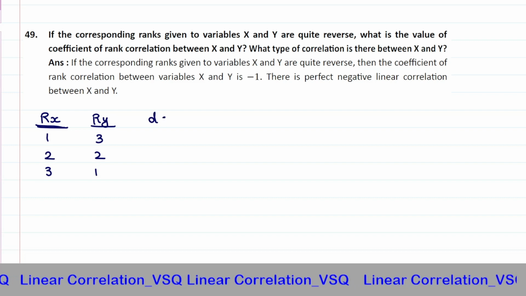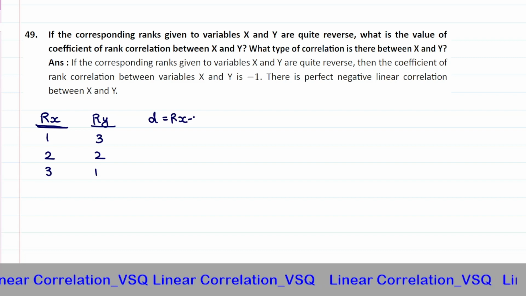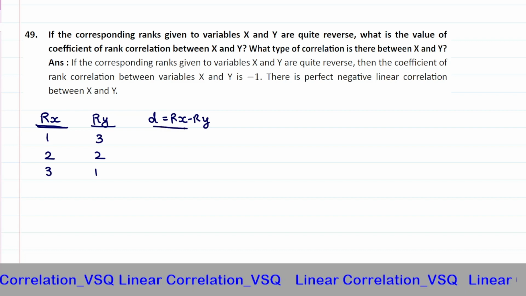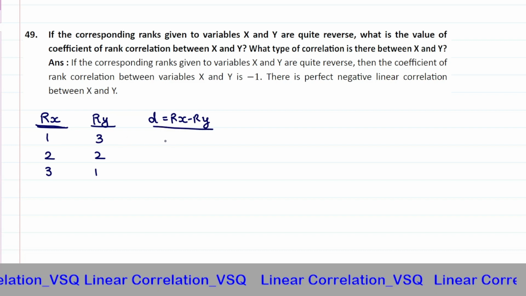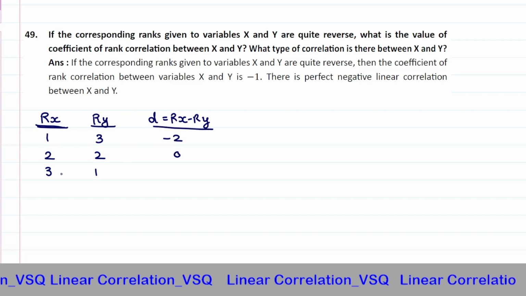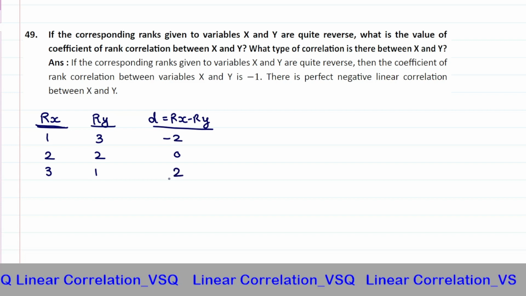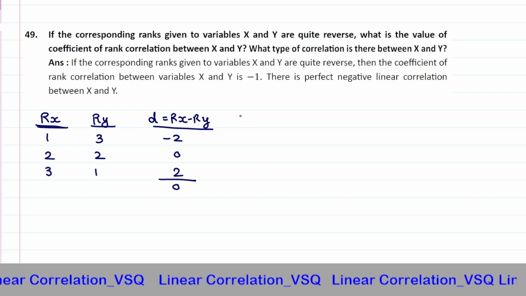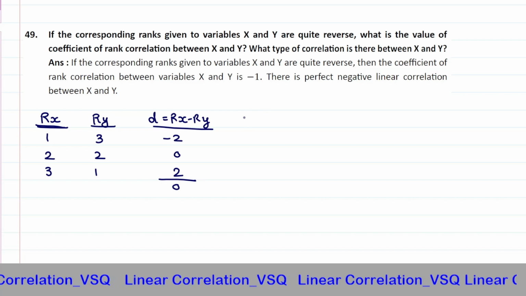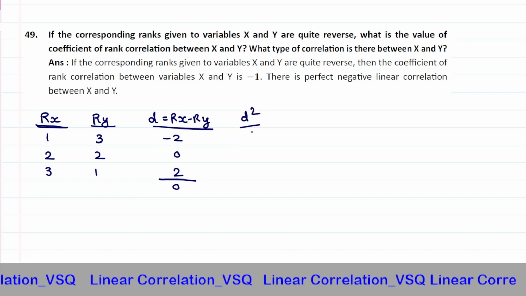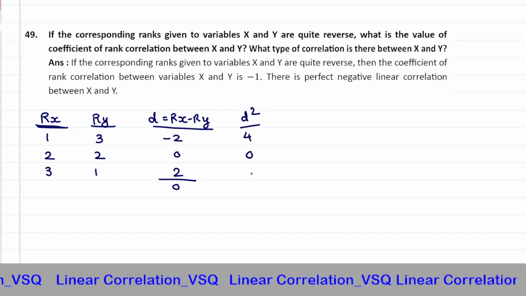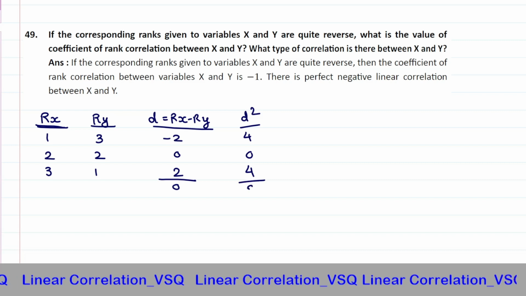Find d. d equals rx minus ry. 1 minus 3 equals minus 2, 2 minus 2 equals 0, and 3 minus 1 equals 2. Sigma d equals 0. Now find d square, by squaring d: 4, 0, and 4. Total is 8.